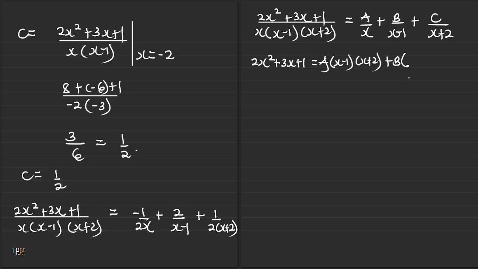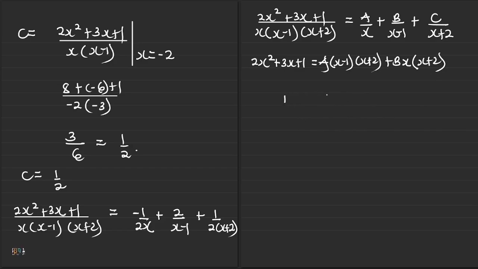So we'll be left with what? We can simply write it as bx, then into bracket x plus 2. Bx, because you are just going to multiply b by x and then by x plus 2. So that is what we've done over there.